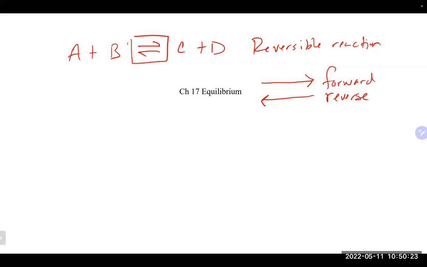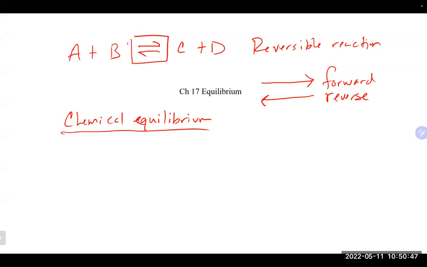When we reach chemical equilibrium in a reaction such as this, sometimes people have a misconception about what equilibrium means. People go equal, so it's equal amounts on both sides, and that's really not what it means.